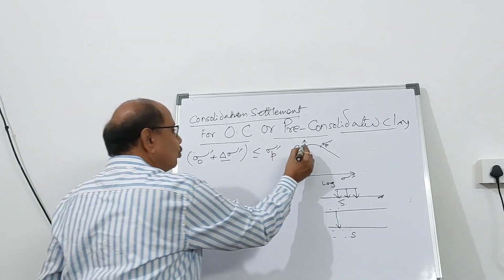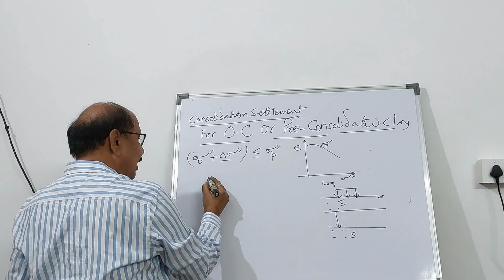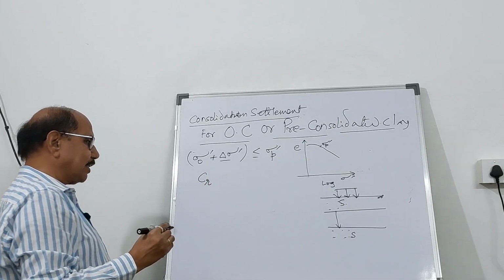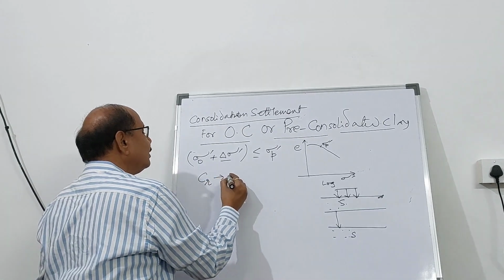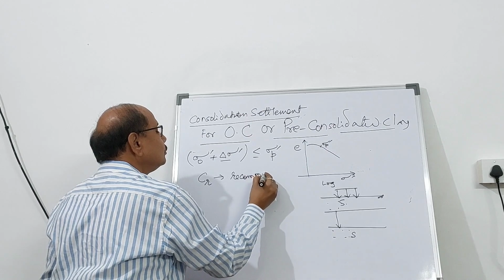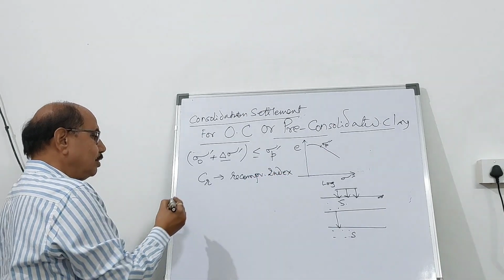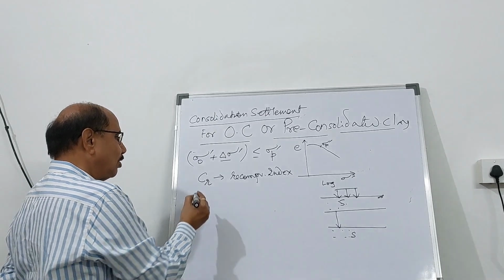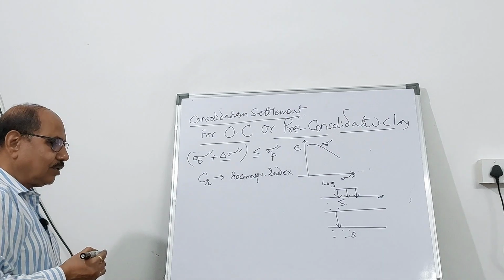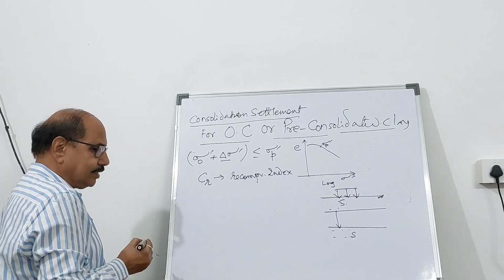Then I have already told you that if it is pre-consolidated clay, you should find out the coefficient of recompression index. It is called the recompression index, CR. Cc is called the compression index, and CR is called the recompression index. Make use of the recompression index so that Sc can be calculated very easily.